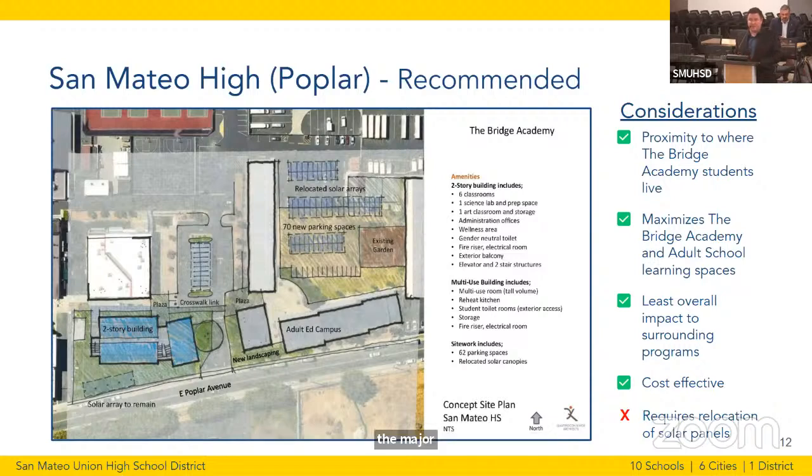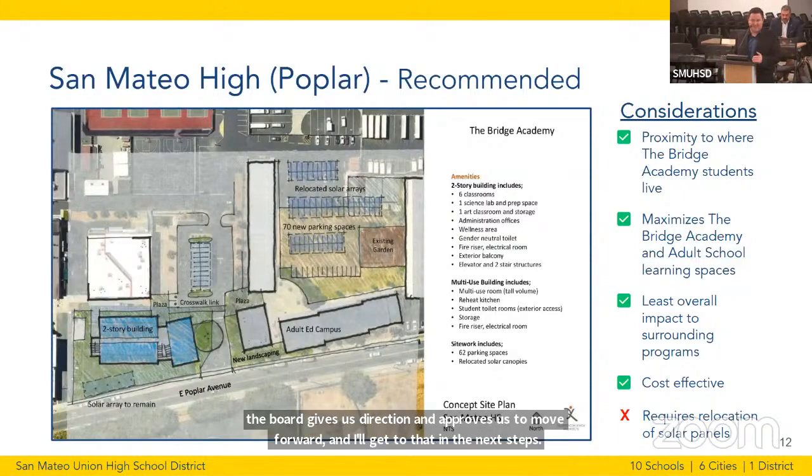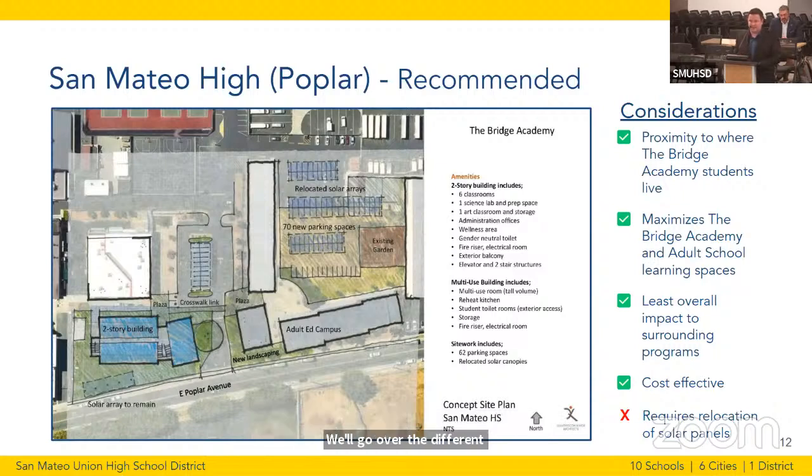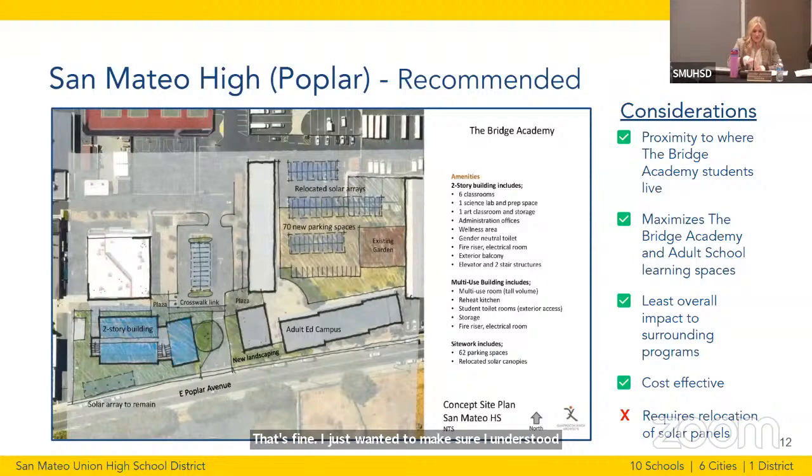If the board gives us direction and approves us to move forward, and I'll get to that in the next steps, we'll actually get into a schematic design presentation right next, which would have a lot of the information. That's fine. I just wanted to make sure I understood what this picture was, what these parts were. Thanks. Thank you.